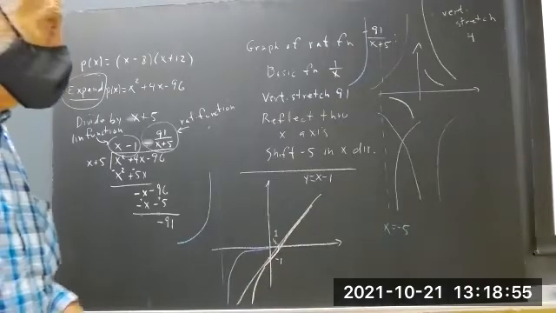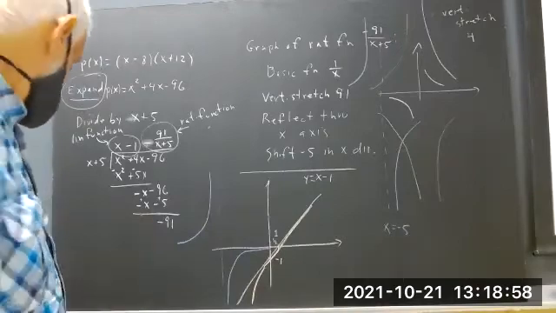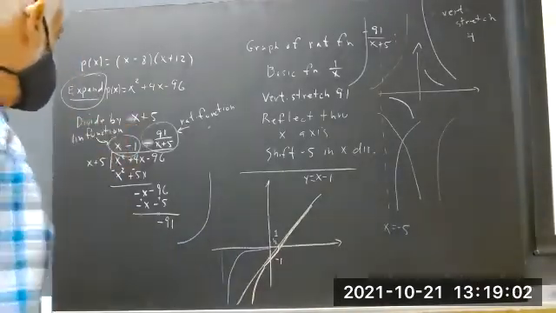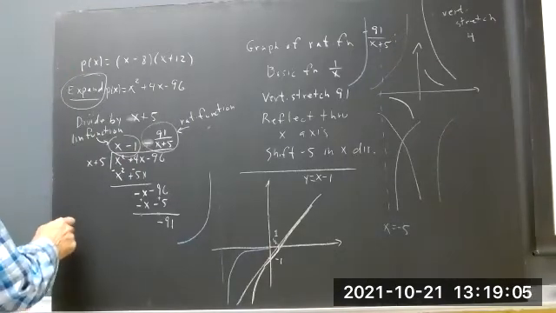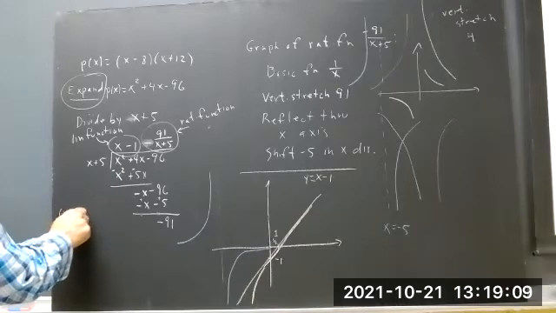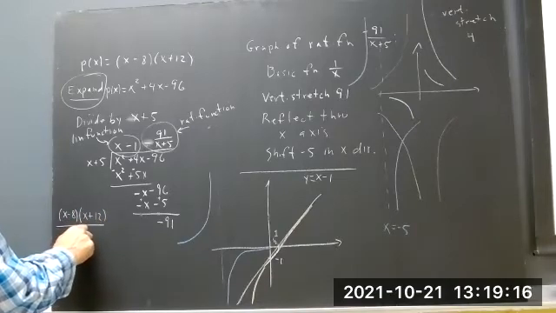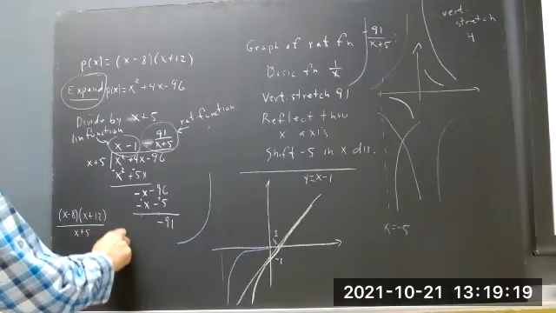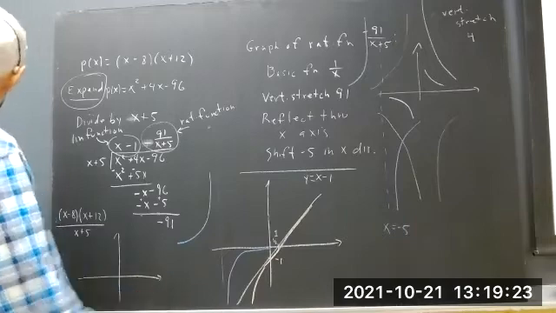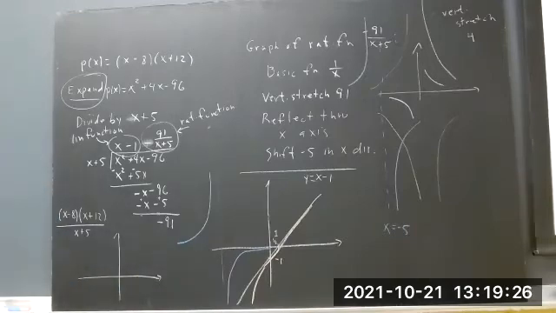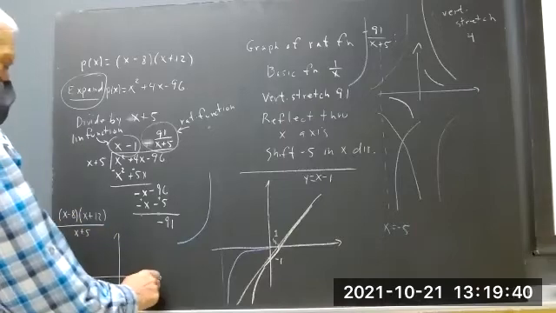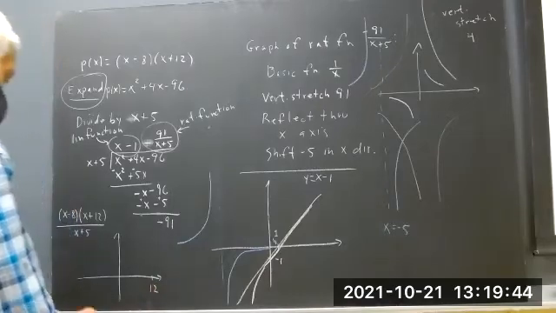Okay, so what I would want to say, if you just draw the graph of x minus 8 times x plus 12 over x plus 5, in the same way we drew this graph, we find it goes through the x-axis at 12 and negative 8.